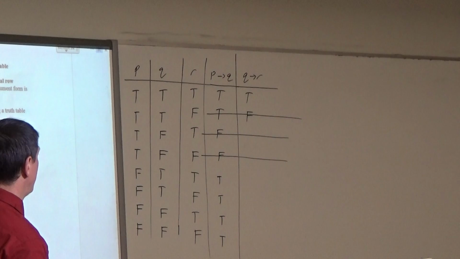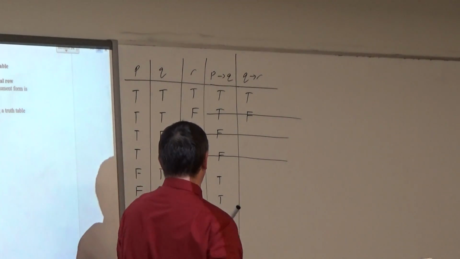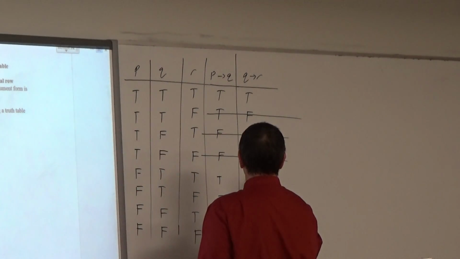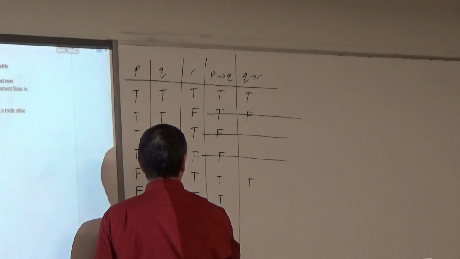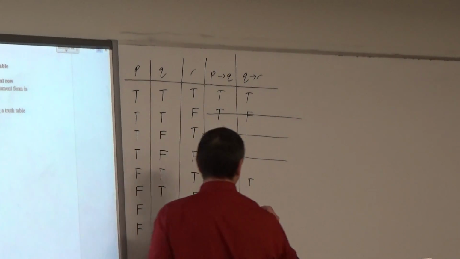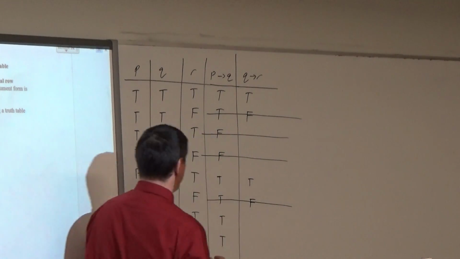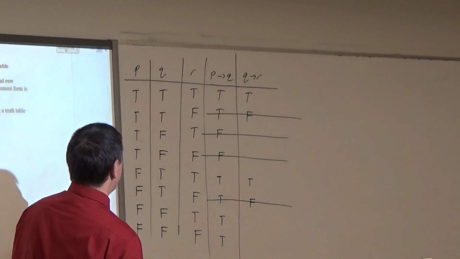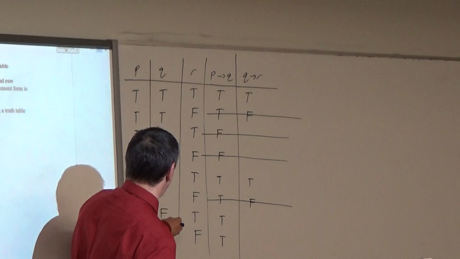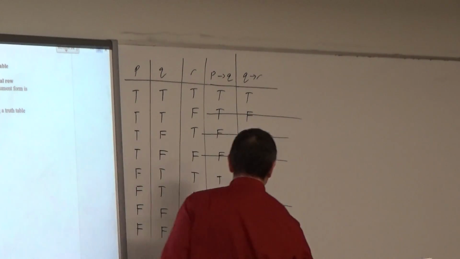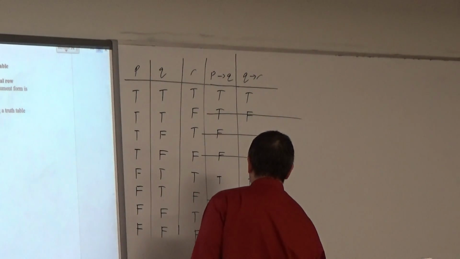We have true implies true for row number 5, that's true. We have true implies false for row number 6, so row number 6 has a false and we're done with it. And for the last 2 rows, we have false implies true and false implies false. They have to be true.